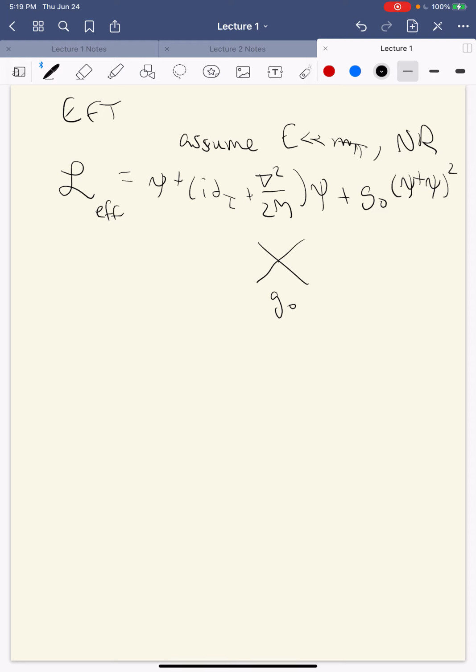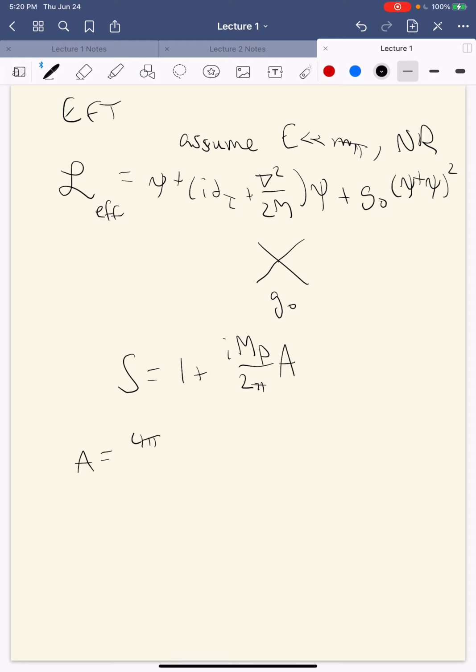Okay, so now we want to look at two nucleon scattering. So we can write down the form of the S matrix, which I assume you have seen before, although the normalizations might be slightly different because this is a non-relativistic theory. So this is the scattering matrix and the scattering amplitude.